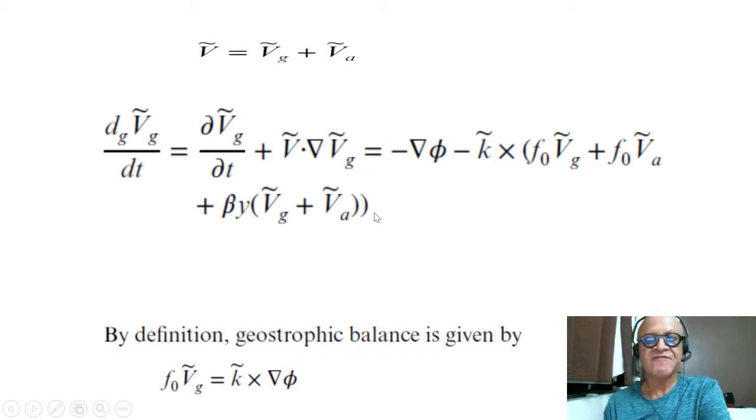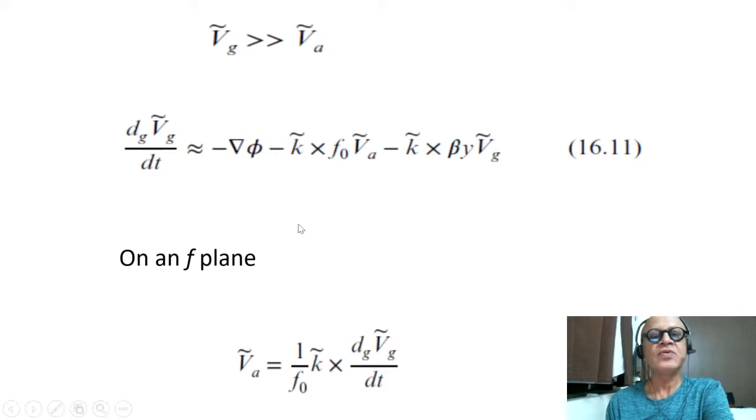We can just simplify it with the geostrophic balance by definition given as the balance between the Coriolis term and the pressure gradient term. So with the split we can still maintain this relation, and once again remembering that the geostrophic component is going to be much stronger than the ageostrophic component.